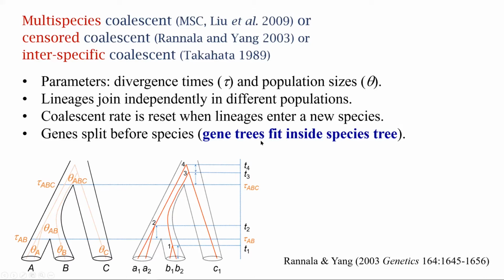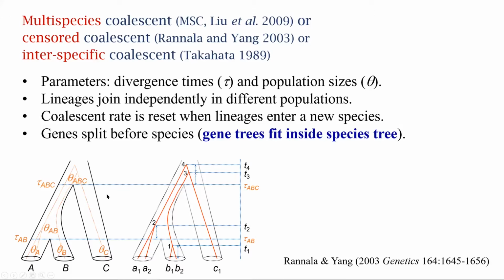Also, on the terminology you just mentioned, I think the earliest term used by Professor Takahata was interspecific coalescent. This is a coalescent running between species. And when Bruce and I had our paper describing the gene tree densities and so on, which I'll come back to a bit later, we used the word censored coalescent.